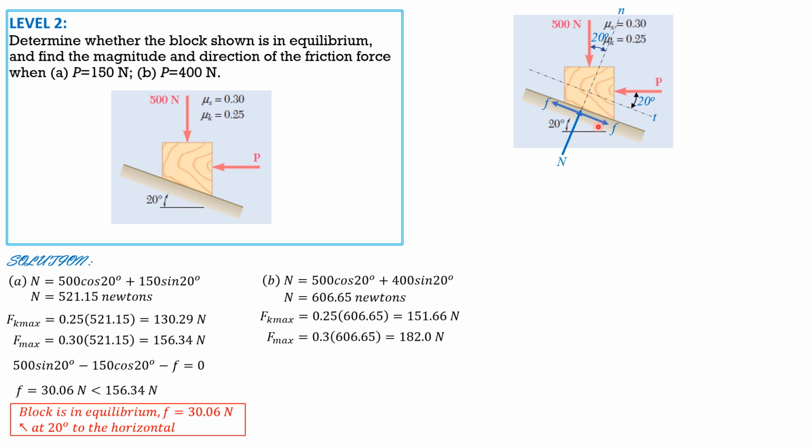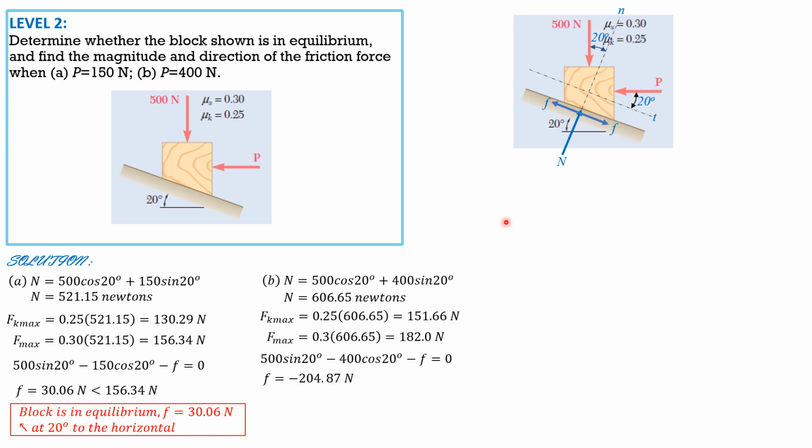Then, same assumption, this frictional resistance is up to the left, so summation forces along the tangential axis equals 0. So 500 sine of 20 minus 400 cosine of 20 minus F equals 0. So F is negative 204.87.